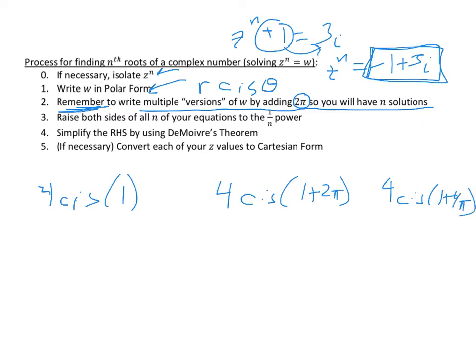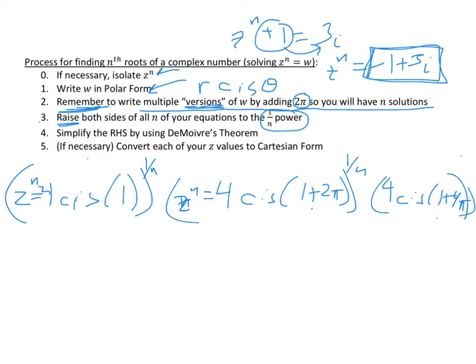And you're going to keep adding on 2 pi until you have n different versions of this thing. Your next step is that you raise both sides to the 1 over n power. So if all these things were equal to z to the n, you'd raise both sides to the 1 over n.